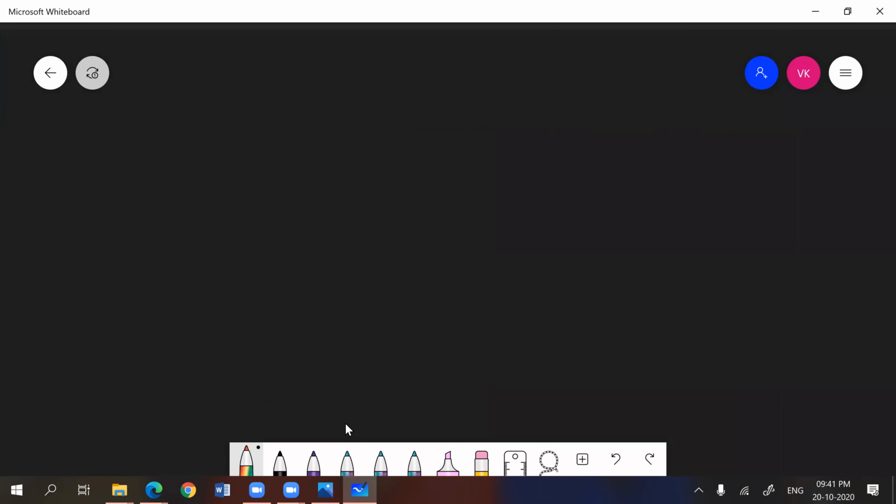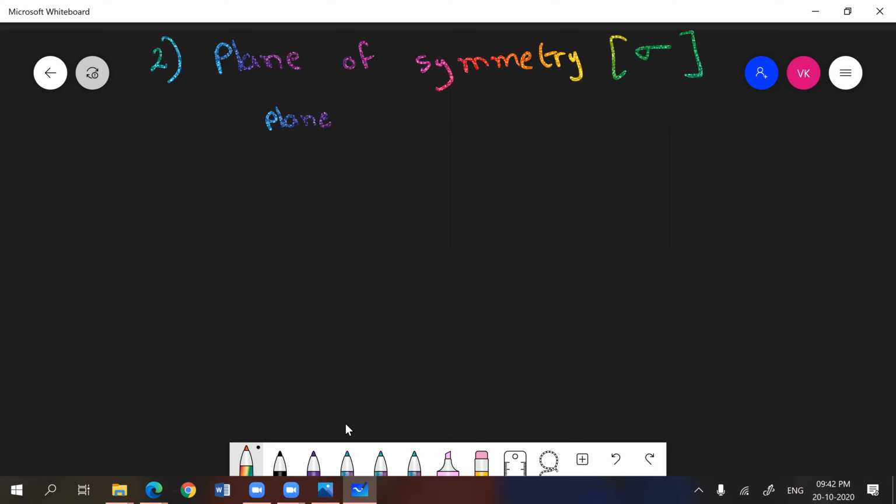So today's topic is plane of symmetry, and it is indicated with sigma. Plane of symmetry means the symmetry element here is a plane and the symmetry operation is reflection.